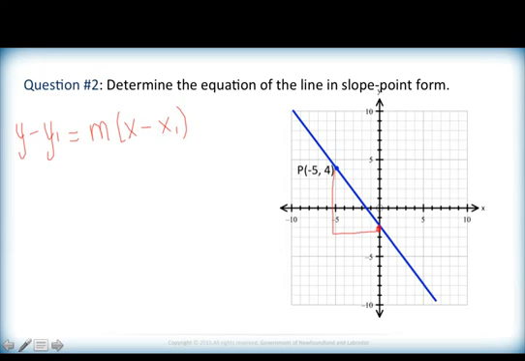So we have a rise of 1, 2, 3, 4, 5, 6. So our slope is going to be a rise of 6, and a run of 1, 2, 3, 4, 5.